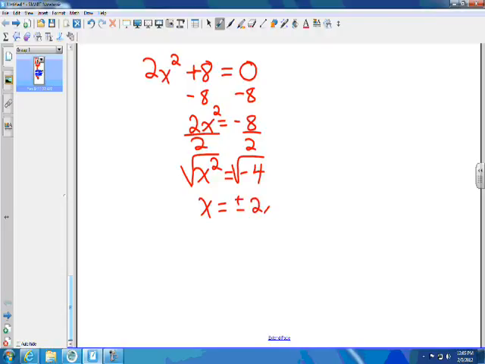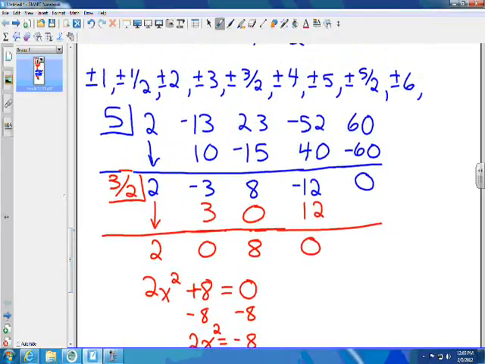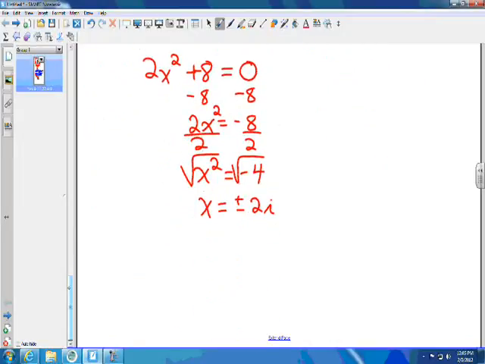So how many roots does that count as? 2. Positive 2i and negative 2i. How many were we supposed to find total? We got 2 there. What are the other ones? We got 3 halves and 5. So plus or minus 2i, 3 halves, and 5. Those are the 4 roots that we were supposed to find.